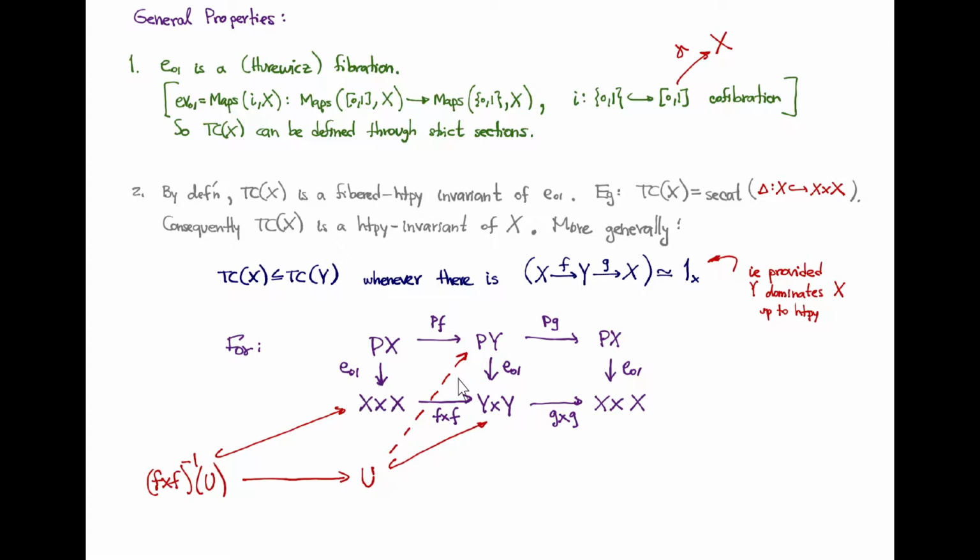For each such local rule for Y, what I can do is just take the pullback of U under this map, namely the inverse image. If these U's cover this space, then these sets will be, of course, open and will cover that one. And then I would need a section from here to here.